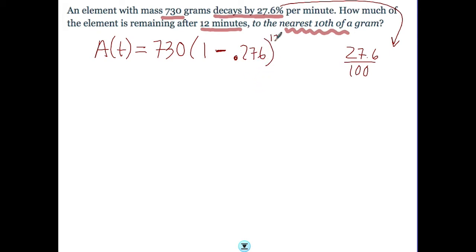In this case, our time is in minutes, so this is after 12 minutes, and it is a rate per minute. Again, we do the grouping first, then apply the exponent and multiply by 730.